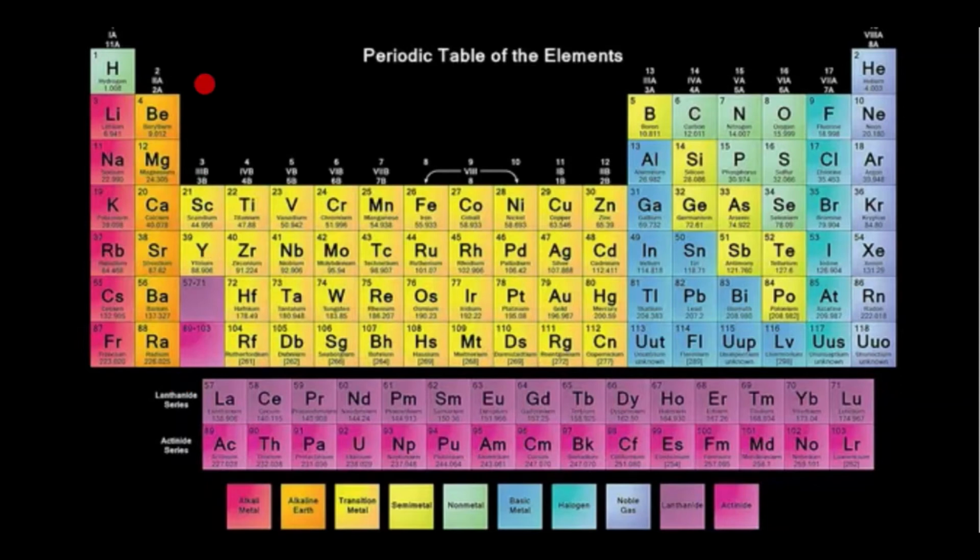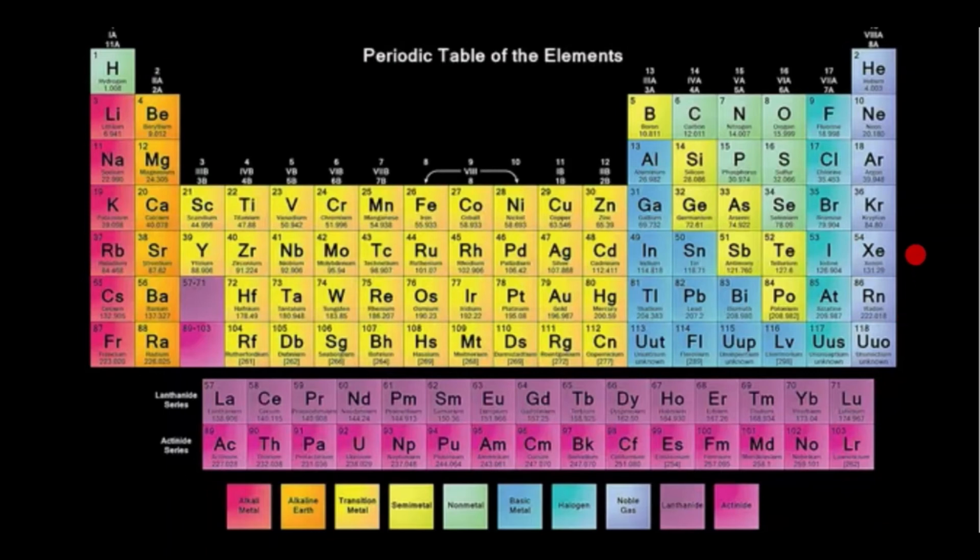Similarly, elements of group 2A have 2 electrons, group 3A have 3 electrons, group 4A have 4 electrons, group 5A have 5 electrons, group 6A have 6 electrons, and group 7A have 7 electrons in their valence shell. And elements of group 8A, except helium, all have 8 electrons in their valence shell.